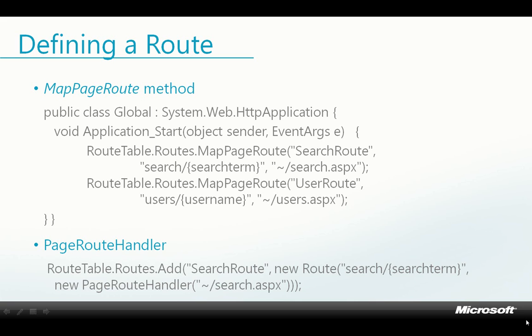The route will be search/ and a search term, and because that search term is in braces, it'll be extracted from the URL and passed on to the page. There are several overloads to these methods, and there are some considerations related to security, so you'll want to look at the documentation to see what all your options are.